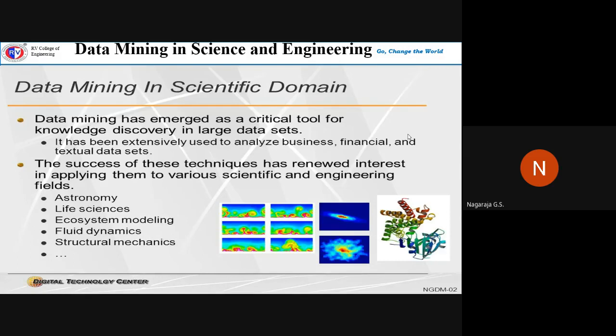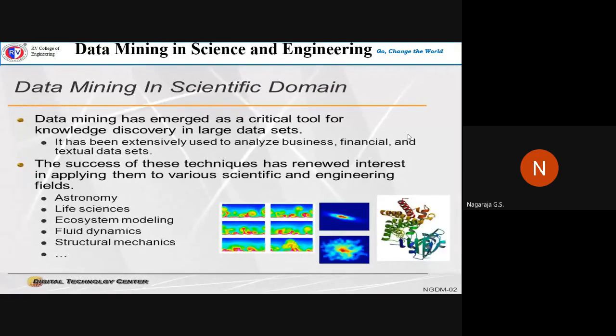Similarly, there is life sciences. You know that any kind of molecular structure which you want to process, analyze, and evaluate with respect to certain parameters, in a human body, maybe or any living animals for that matter, you require data mining applications.